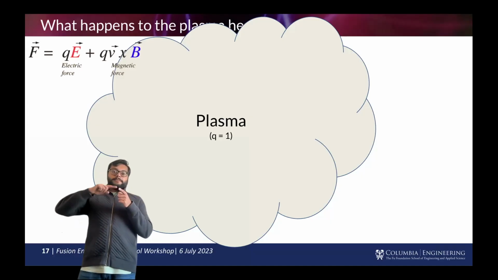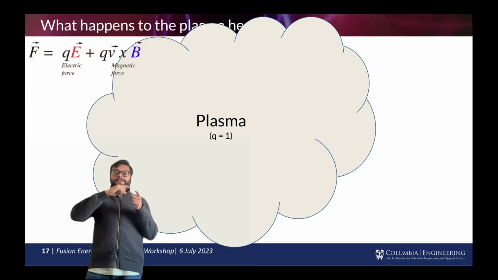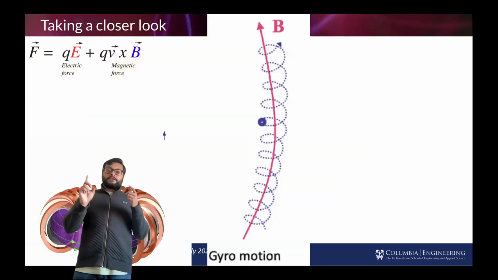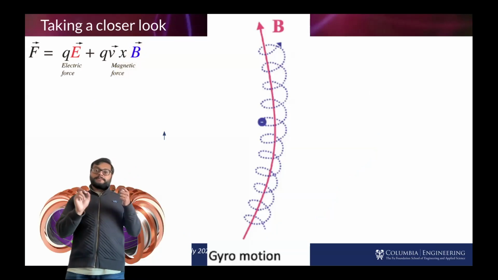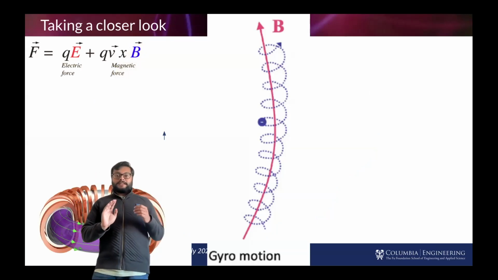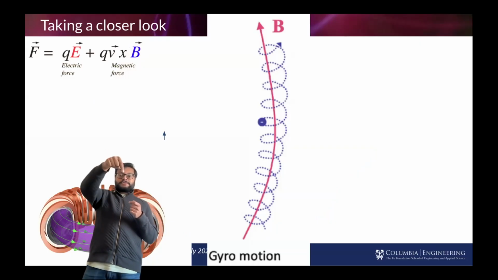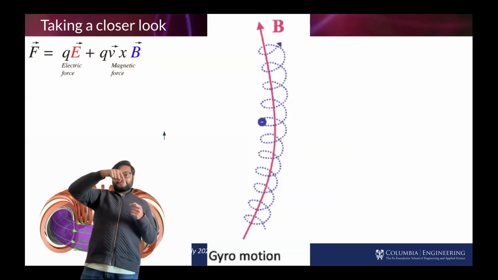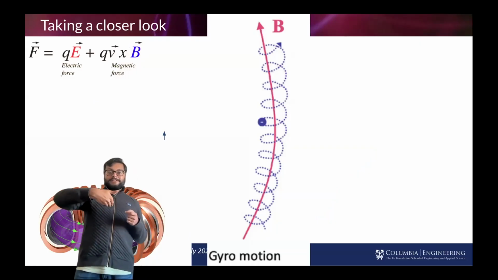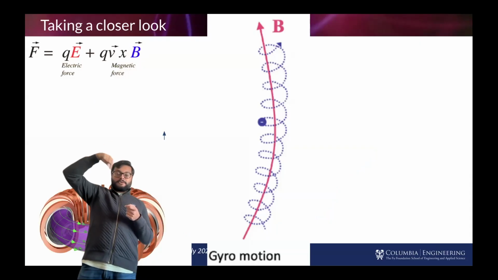And so your particles will essentially gyrate around the magnetic field lines. And so you can see that in this picture. There's this gyro motion of this electron around the magnetic field line, and that's because you treat the magnetic field as going upward, the electron is coming in to the page, and so you'll feel a force in this direction, so that it'll move around.